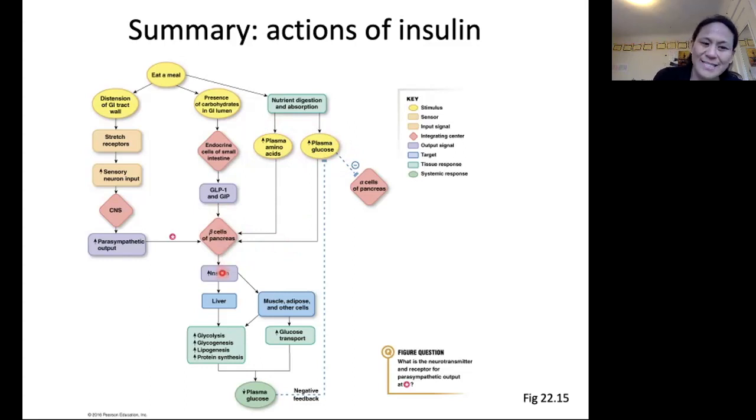In response to insulin, we are going to increase glucose transport into our insulin sensitive cells, and we are going to promote anabolism. And that then is going to lead to a fall in plasma glucose.